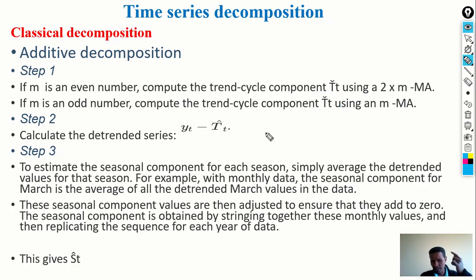Now that is the first step. The second step, by having this trend cycle component, we need to calculate the detrended series. The detrended series is the outcome variable y minus the trend cycle component calculated over here.